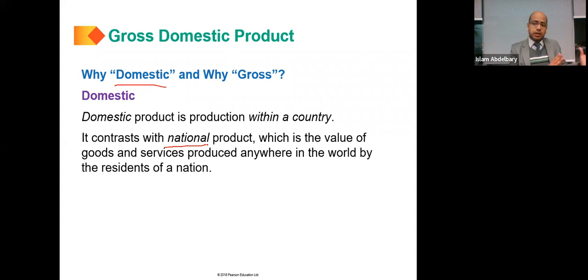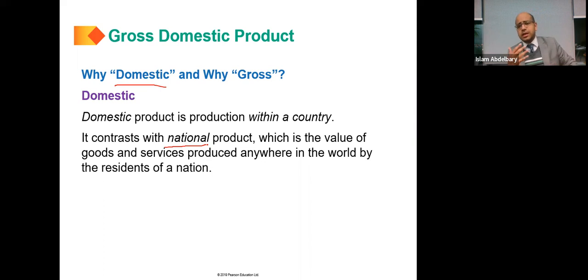So national is related to nationality. So the GNI for US includes American people inside US and outside US. But Arab people working in US are not included in the GNI of US. GDP of US just includes all people inside the US.